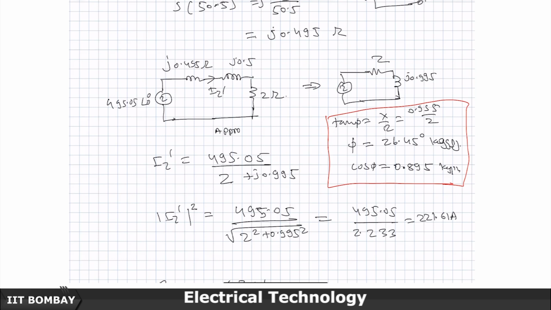But even though the rotor resistance may be of small value like the stator resistance, when it is divided by S and the slip is small, R 2 dash by S will become a large quantity.